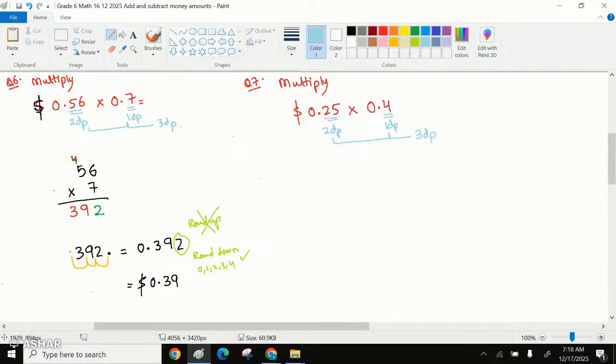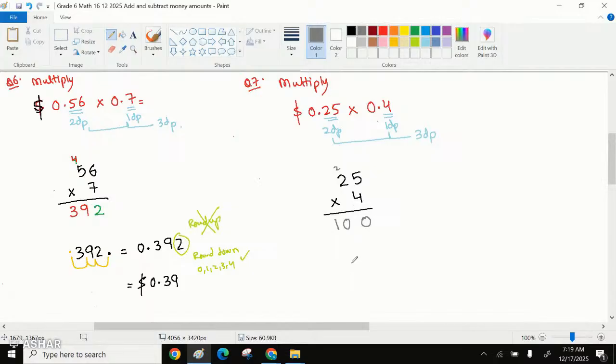Okay. So while multiplying these numbers, since the number was 0.25, we will consider them as whole numbers. We will write 25 multiplied by 0.4, which becomes a whole number, that is 4. So when we multiply these numbers together, 4 times 5 is 20. 0 and 2 is carried. 4 times 2 is 8. 8 plus 2 is 10.